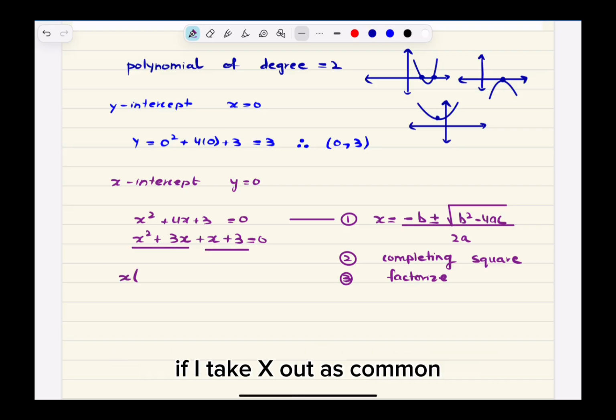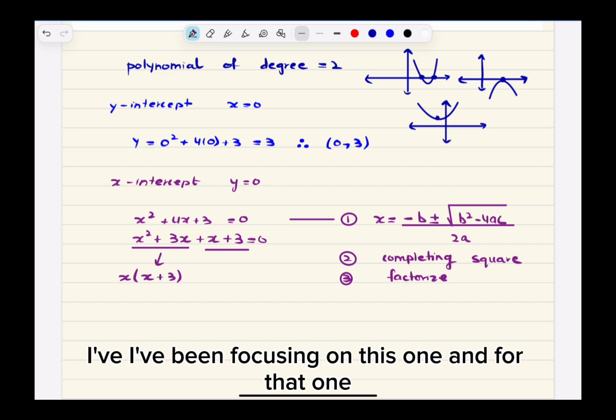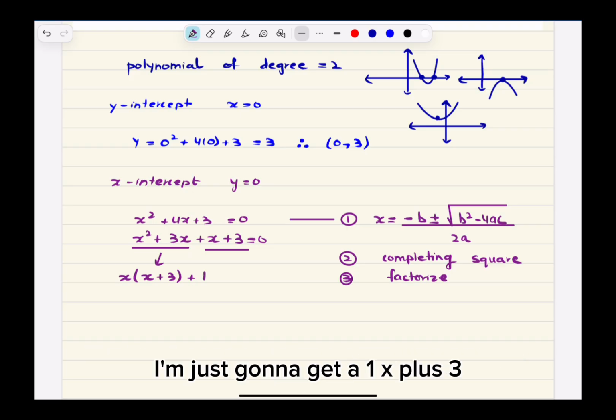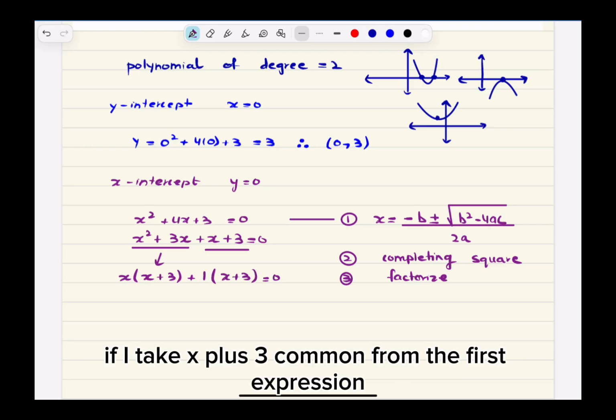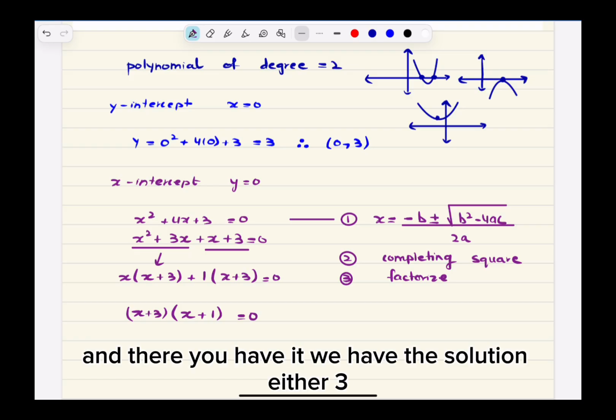If I take 3x out as common from the first, I'm left with x plus 1 over here, and for the other one I'm just going to get 1 times x plus 1. Taking x plus 1 common from the first expression, I have 3x, and from the second I have a 1, and there you have it.